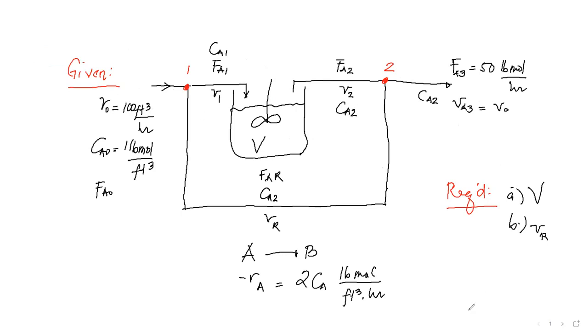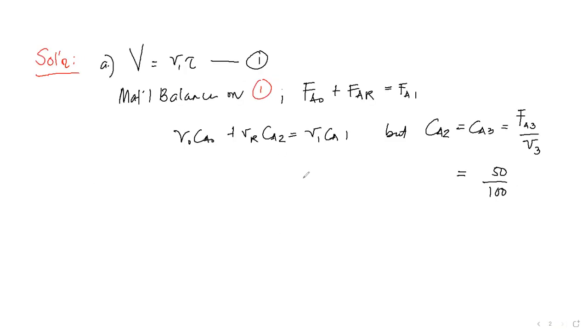So we use the value of 100 cubic feet per hour for our V3. This gives us a final concentration CA3 and CA2 value equal to 0.5 pound mole per cubic feet.